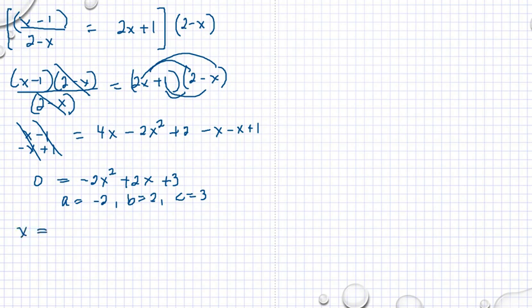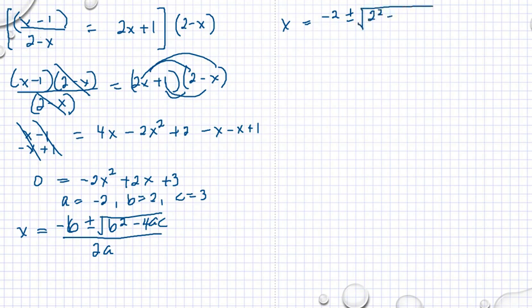Then we have our x now is negative b, the formula says, plus minus the square root of b squared minus 4ac divided by 2a. Substituting, we have negative 2 plus minus the square root of 2 squared minus 4 times a is negative 2, c is 3, divided by 2 times negative 2.